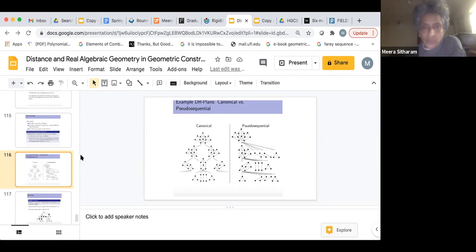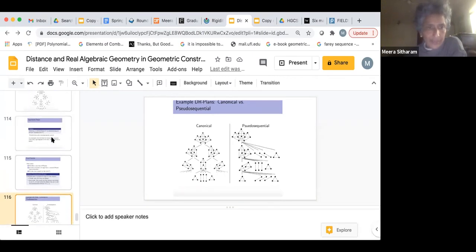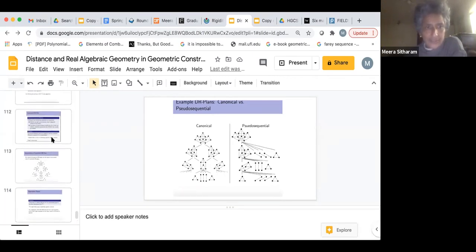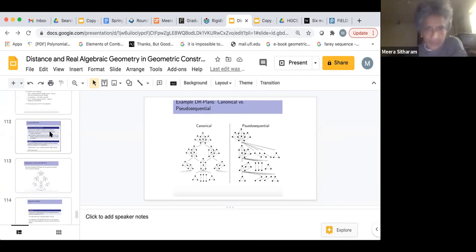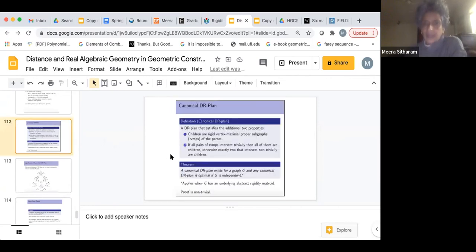So I just want to point out for you that the canonical DR plan also doesn't offhand, what is the definition of the canonical? You remember the DR plan itself doesn't require the original graph to be rigid, the starting graph. So the DR plan might end up with multiple roots. And this is the same thing. The canonical DR plan doesn't require that the DR plan has a single root.